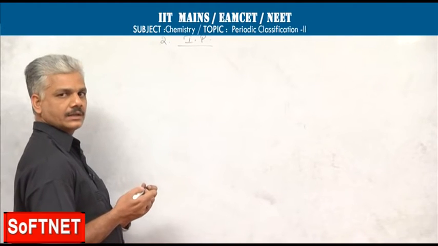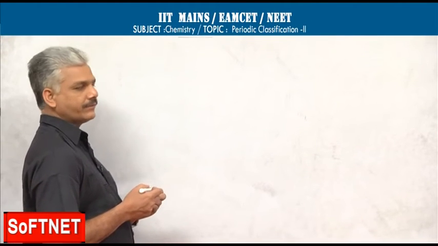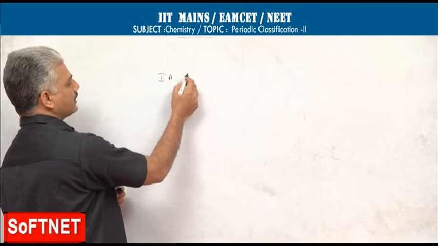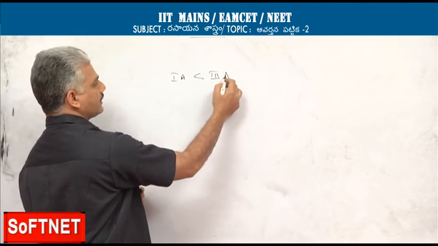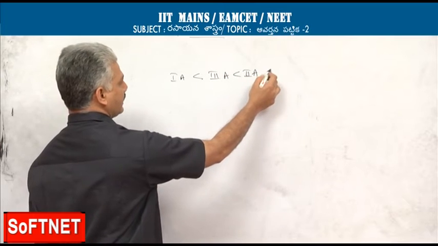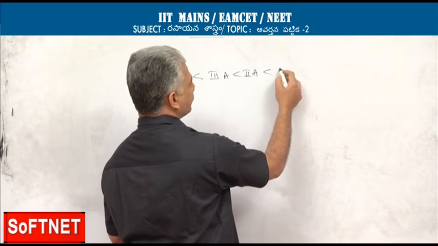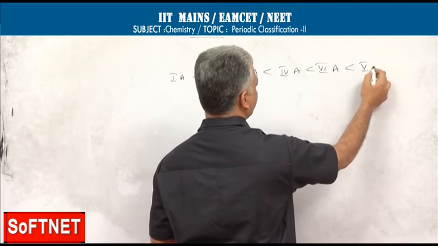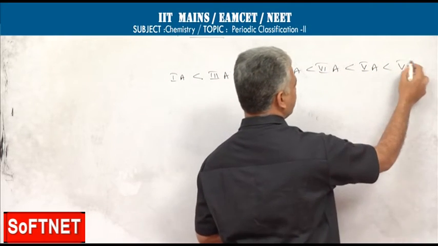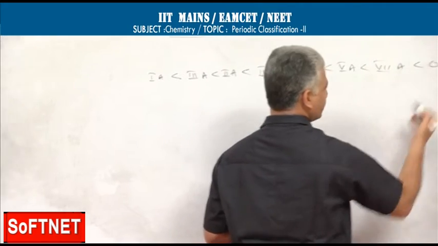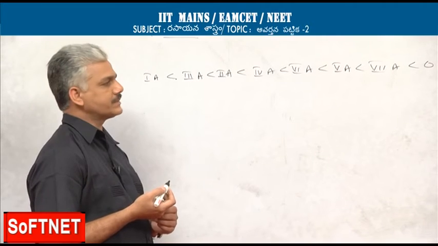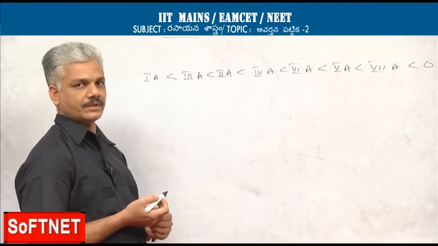Along a period, the order of variation of IP values is 1A < 3A < 2A < 4A < 6A < 5A < 7A < 0 group. That means the highest IP values will be observed in case of 0 group elements.